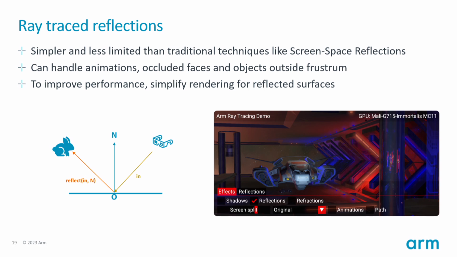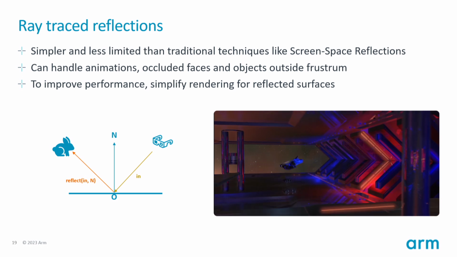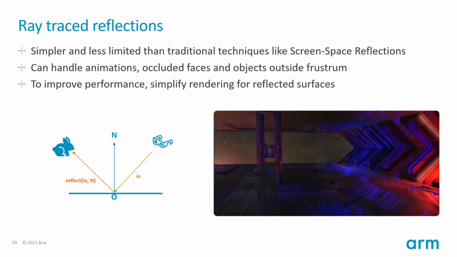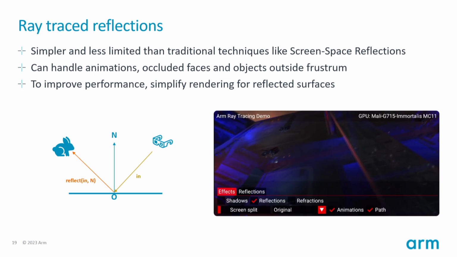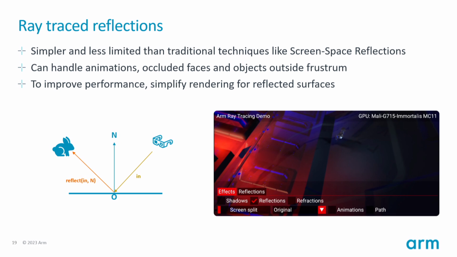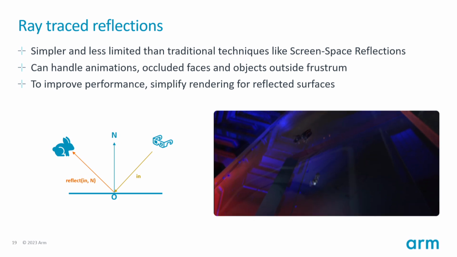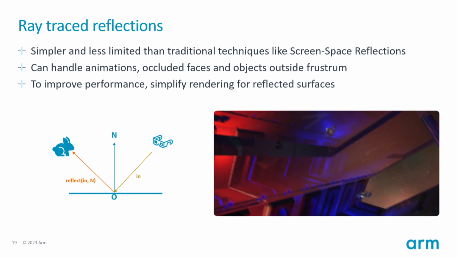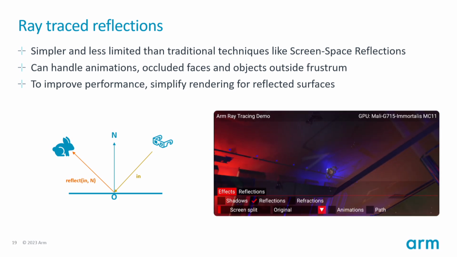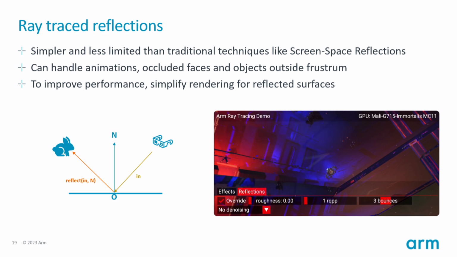So here you can see how this scene looks with reflection turned on and off. You can notice how ray tracing can deal with corner cases that would be impossible to handle with screen space reflection, like the bottom part of the drone or the whole drone when it's off screen.